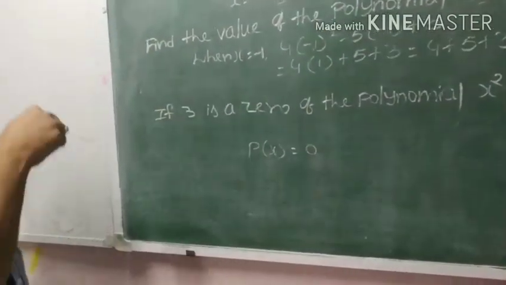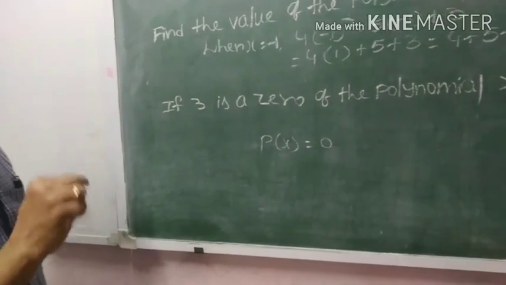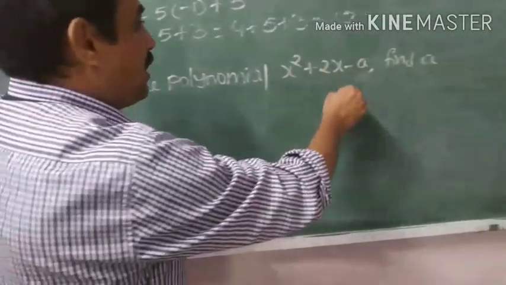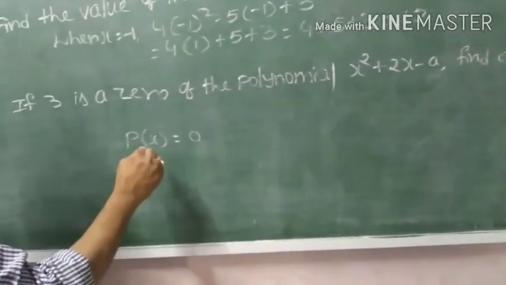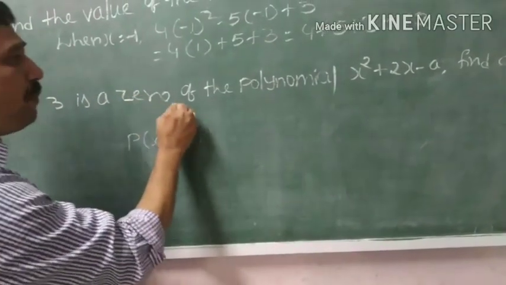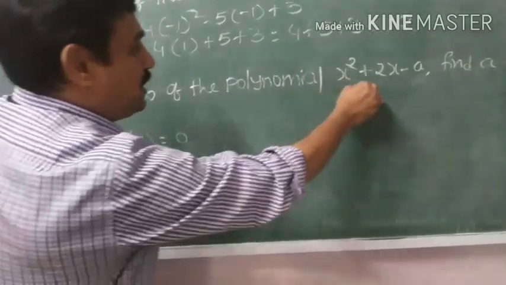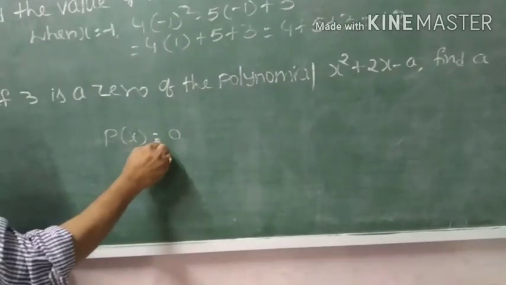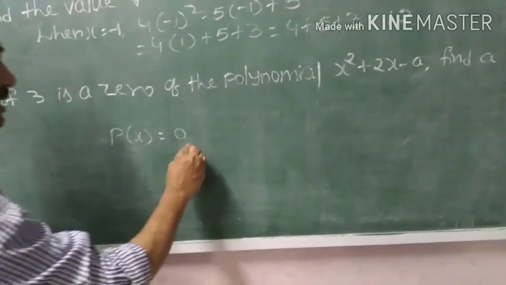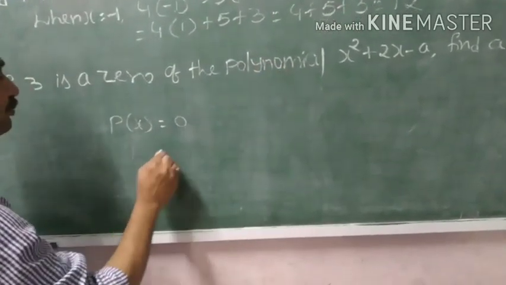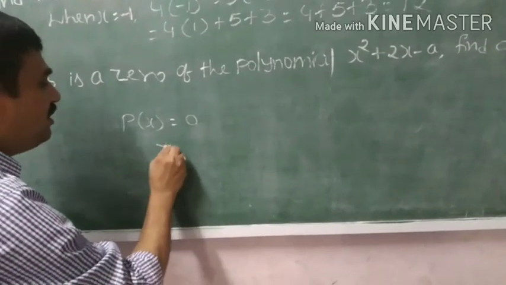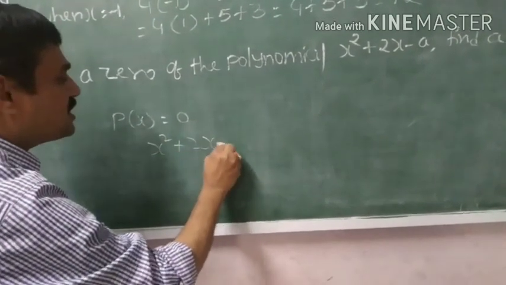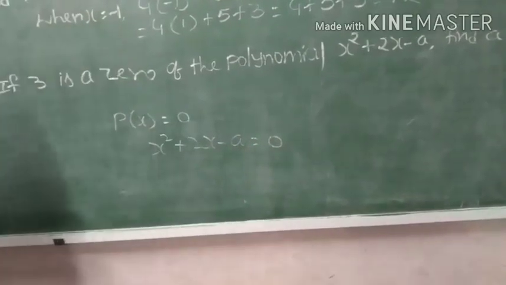Next, if 3 is a zero of the polynomial x square plus 2x minus a, find a. Now 3 is a zero of the polynomial x square plus 2x minus a. P of x equal to 0. That means now x square plus 2x minus a is equal to 0.